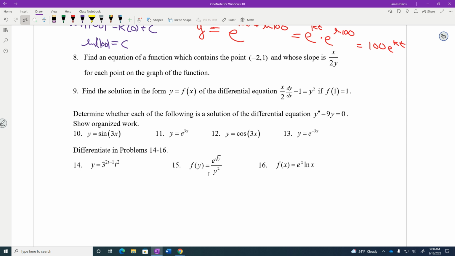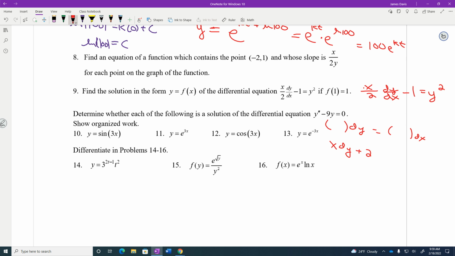There's a certain order you have to do this in, because when you solve a differential equation, it always has to be something times dy and something times dx. You can't have like an x dy minus plus 2 or something like that. So the order that you do this is important.